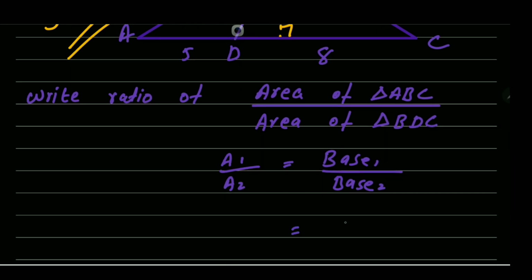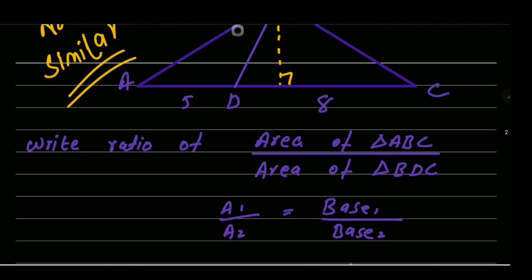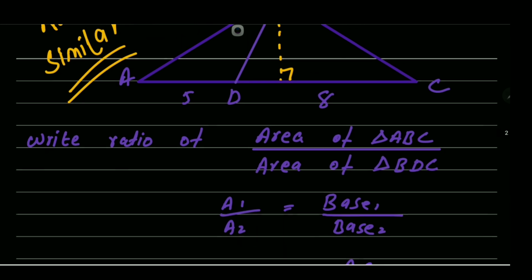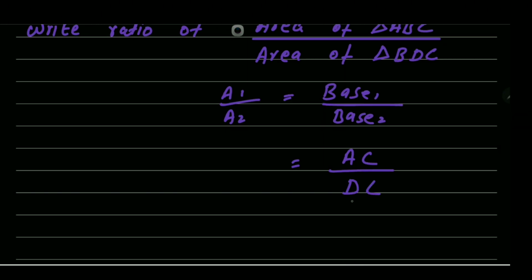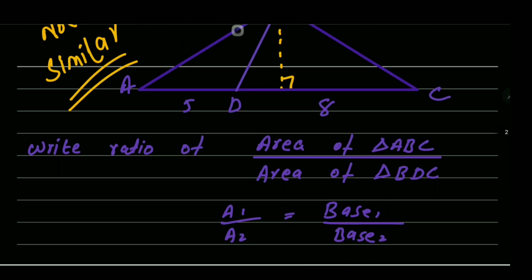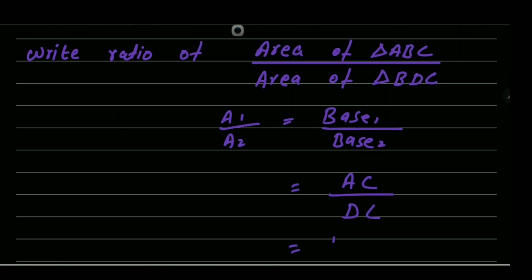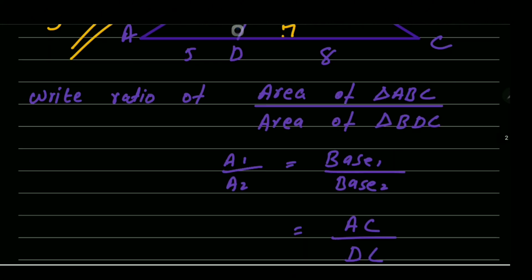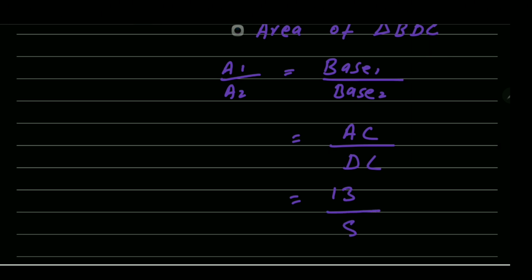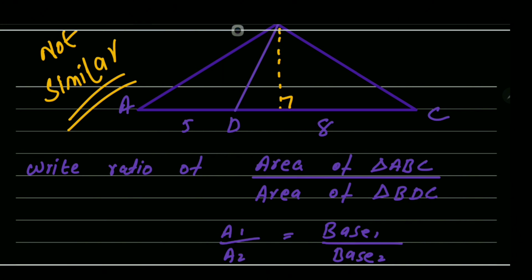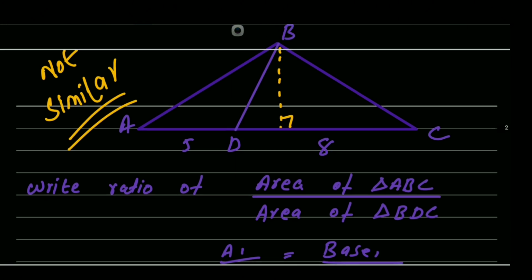So we write AC over base 2, the base of triangle BDC, which is DC, 8. AC is 5 plus 8, we add both bases, so 5 plus 8 is 13 and DC is 8. So 13 by 8 will be the answer of this question. This is the way we solve the questions of not similar triangles.